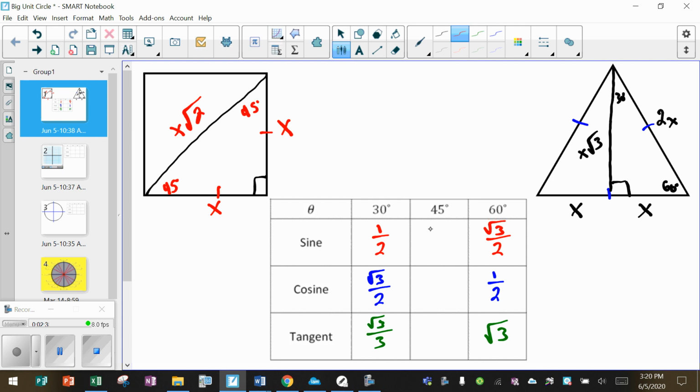That led to a sine value, opposite over hypotenuse, rationalizing the denominator, being the same as the cosine, radical 2 over 2 for both of those, and then the tangent was 1.